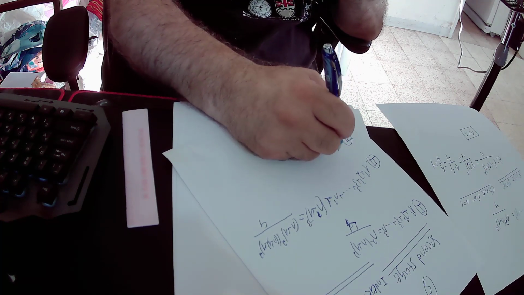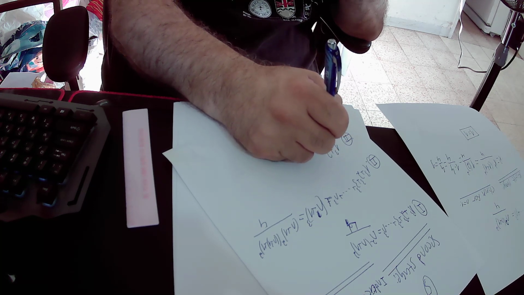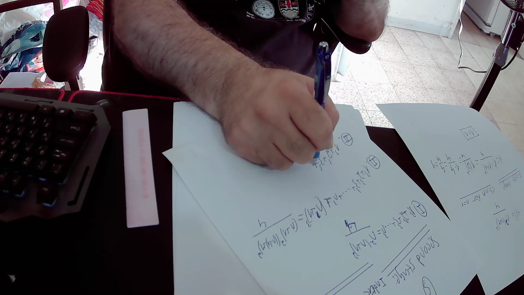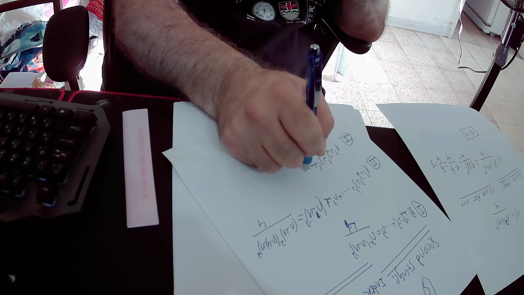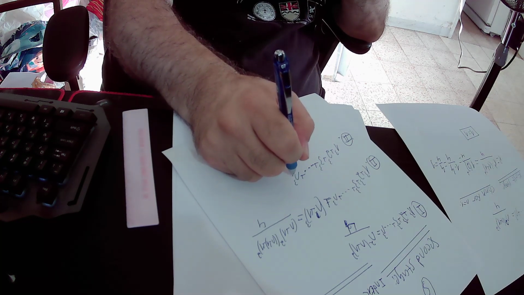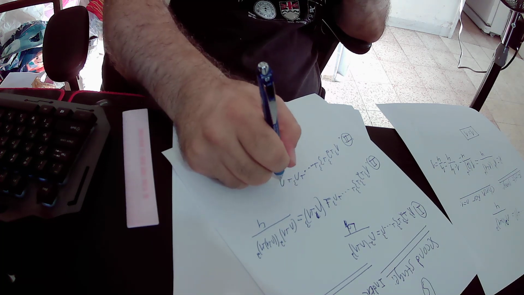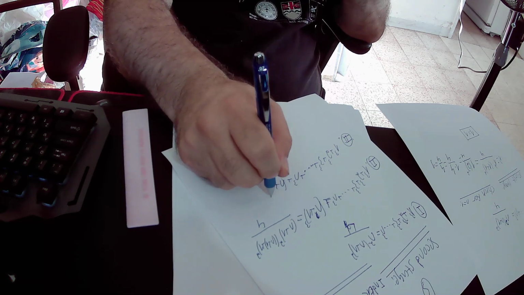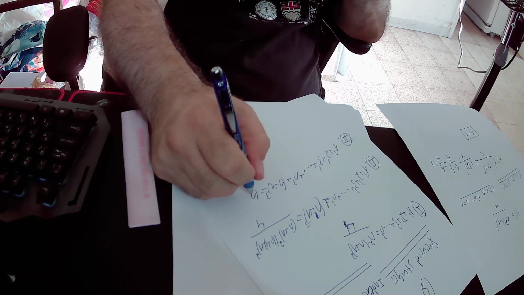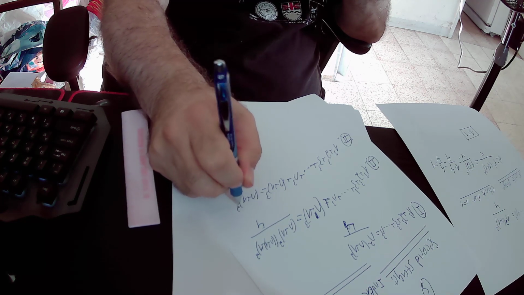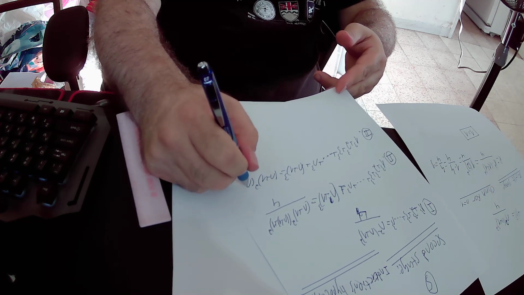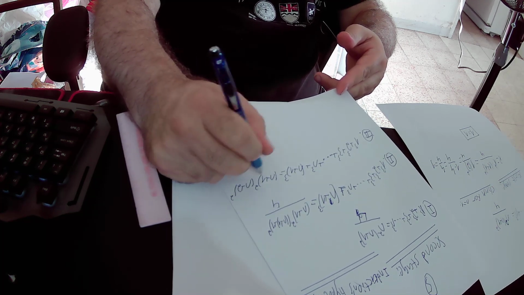So the expression for n plus 1 will be 1 to the power of 3 plus 2 to the power of 3 plus 3 to the power of 3 plus ... plus n to the power of 3 plus (n plus 1) to the power of 3 equals (n plus 1) squared times (n plus 2) squared, all divided by 4, because n plus 1 plus 1 equals n plus 2.